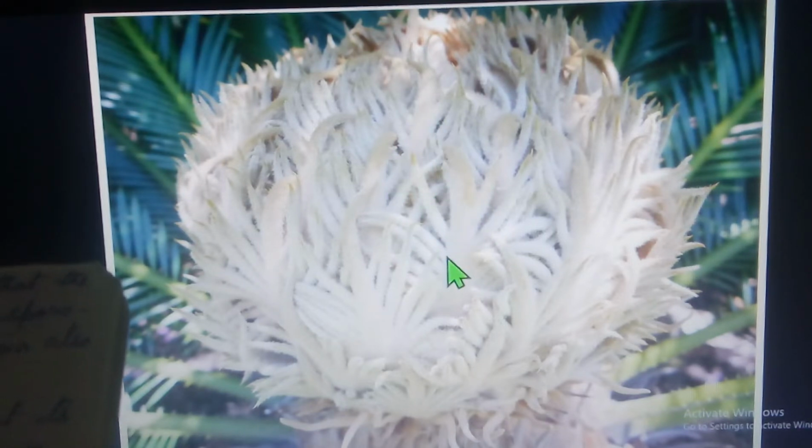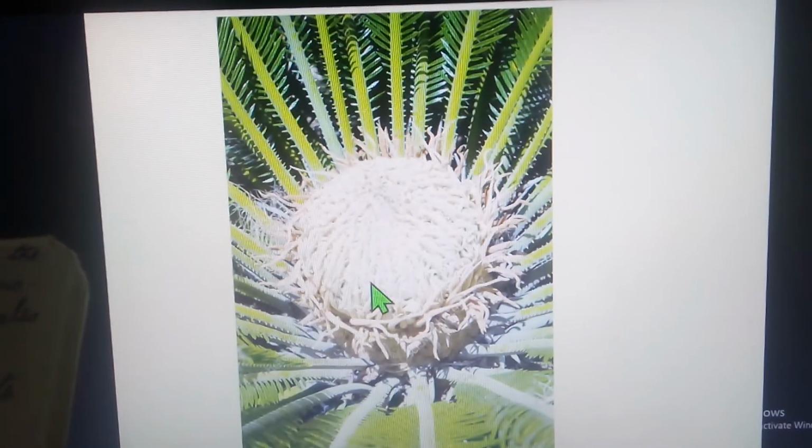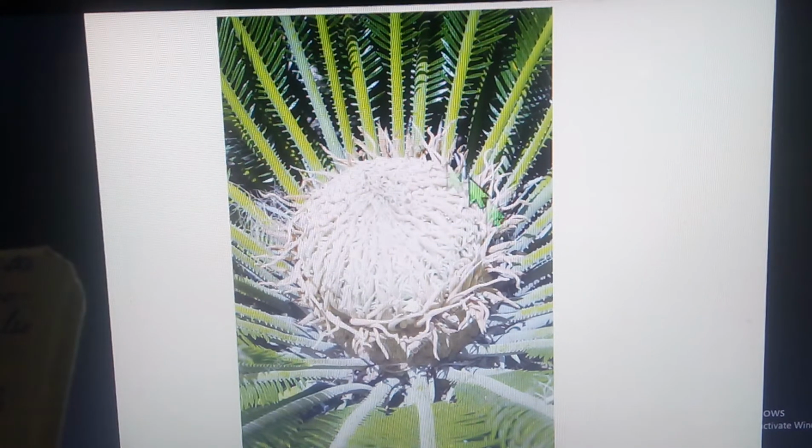So the Megasporophylls also arise in acropetal succession. I had mentioned this in case of the male cone, acropetal succession, where the young Megasporophylls are found at the top and the old Megasporophylls are found at the lower portion.